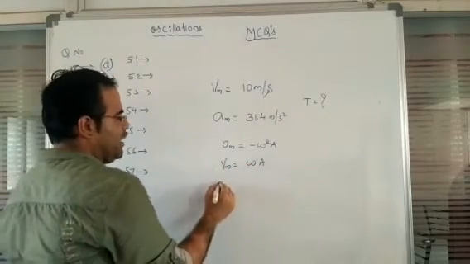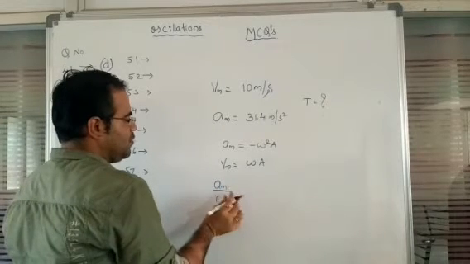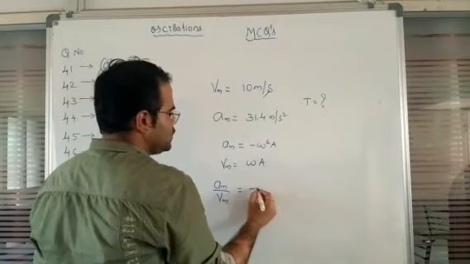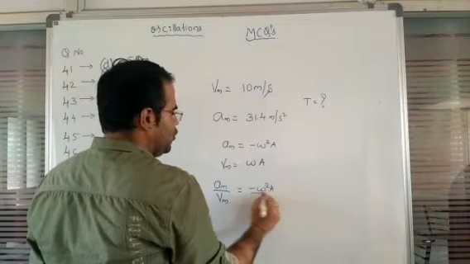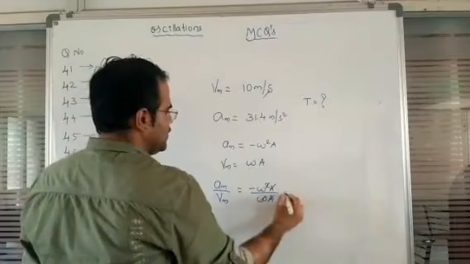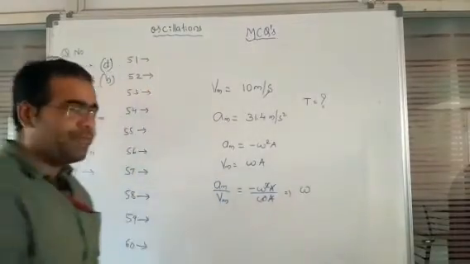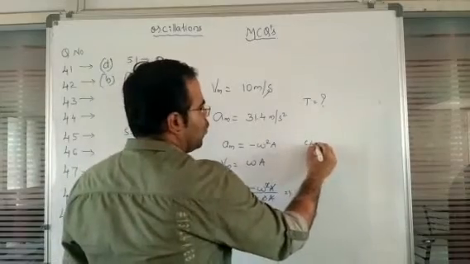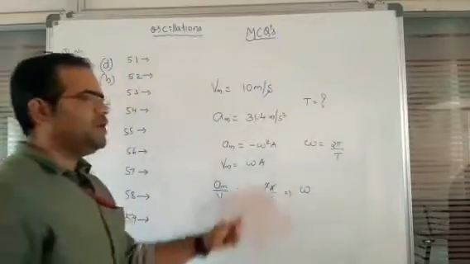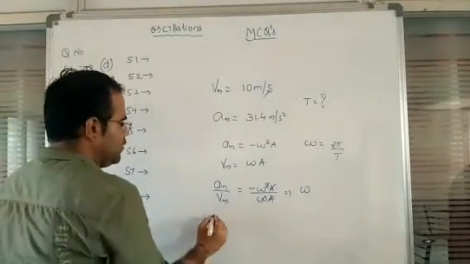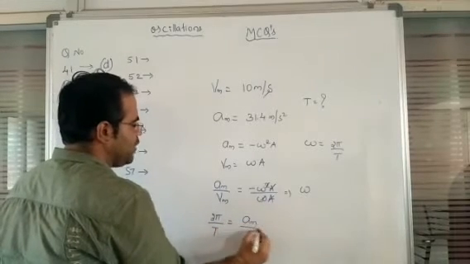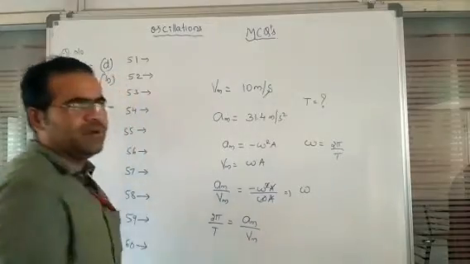When we divide both equations, maximum acceleration divided by maximum velocity equals minus omega square into a divided by omega into a. These will get cancelled, and the remaining is omega. We already know omega is equal to 2 pi divided by T. On comparing, 2 pi divided by T is equal to maximum acceleration divided by maximum velocity.